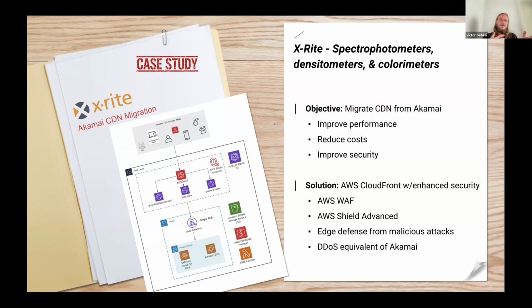And when you are doing a big migration like that, there is a lot that comes into it. Mostly because of the incompatibilities between how a service is built versus another one. So Akamai's logic on how you configure it is not the same as how you configure CloudFront.